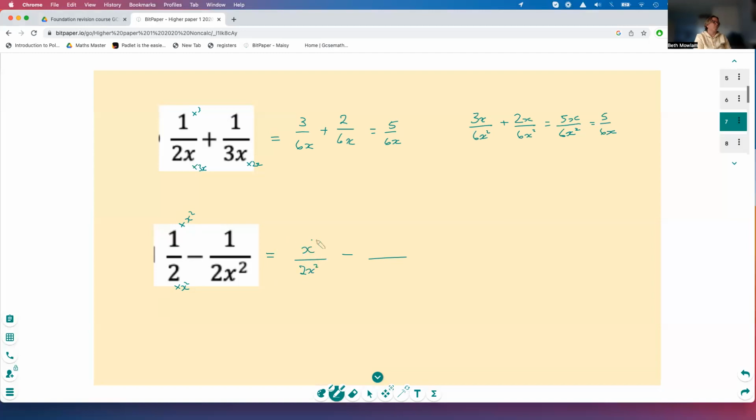On the top, I've got 1x squared. Second fraction, I don't need to change because the denominator is already 2x squared. So you see it saves me expanding up. I can now combine them. I end up with x squared minus 1 over 2x squared.